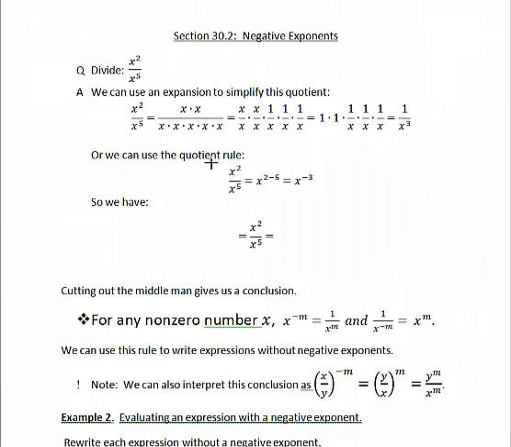Okay, in the previous chapter, what we said when we were dealing with the quotient of two like variables is that we apply the quotient rule by picking out the larger exponent, which is an x to the 5th power. Okay, we have an x on top and bottom, it's just that their exponents are different.